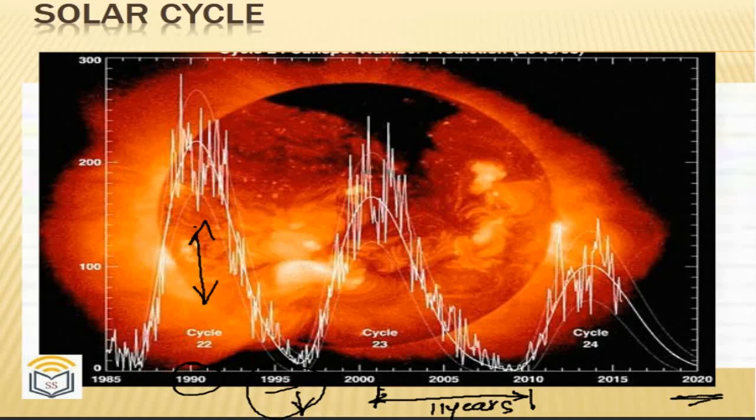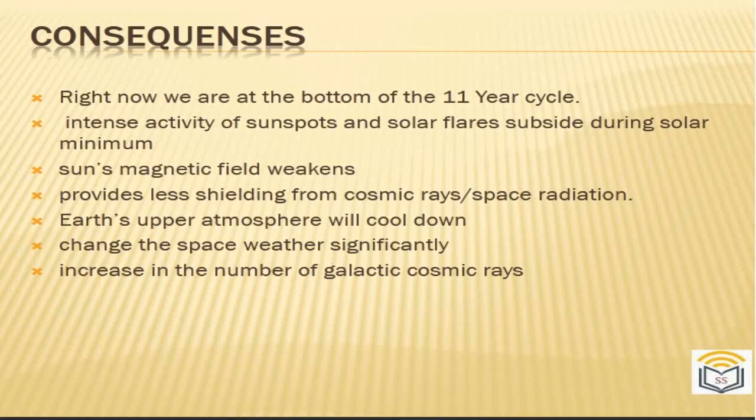So what is the consequence? That is why solar minimum is happening and how it will impact the Earth. Right now we are at the bottom of the 11-year cycle, as we have seen in the previous graph.